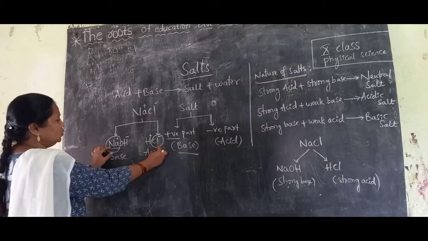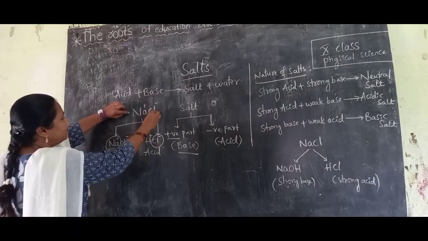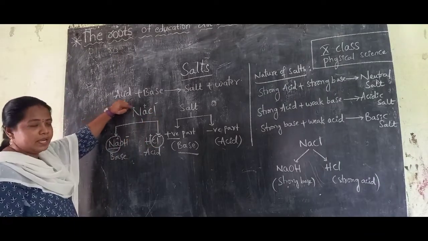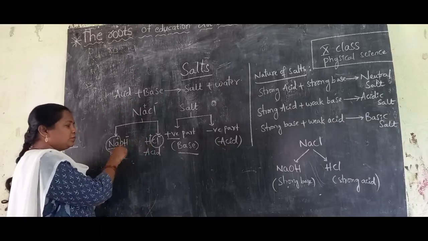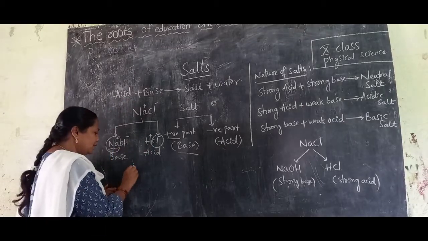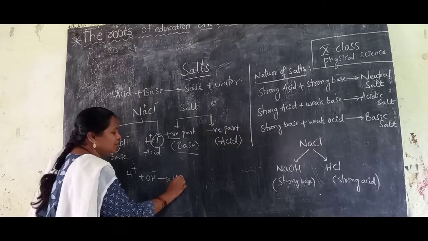These two ions combine with each other and form sodium chloride, NaCl. Along with that, we also get water. H plus and OH minus combine with each other to give water.